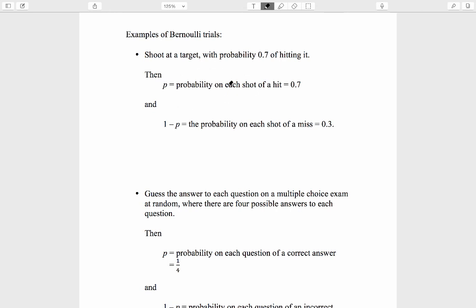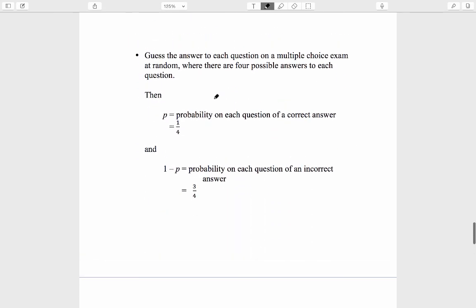We've seen a few examples of this. So there was the first example with shooting at the target where p, the probability on each shot of a hit, was 0.7, and therefore the probability on each shot of a miss was 0.3. Each shot was a Bernoulli trial, and when we took 6 shots at the target, that experiment was a sequence of 6 independent Bernoulli trials.